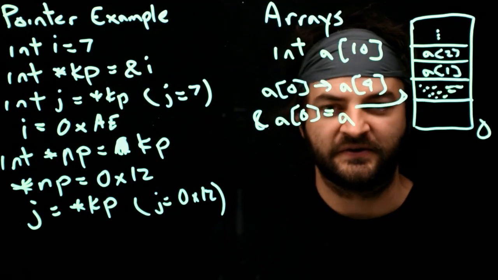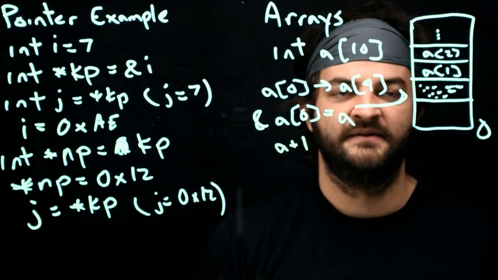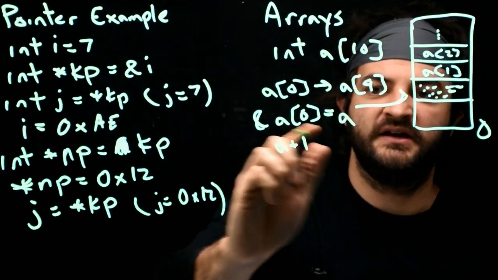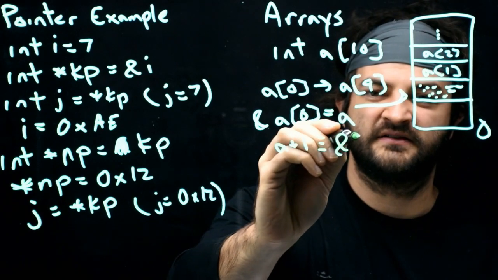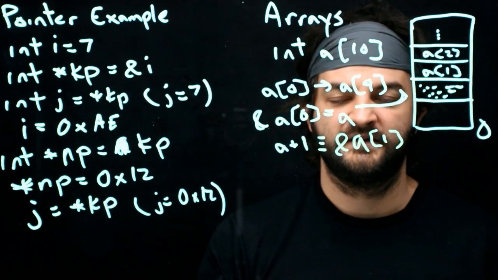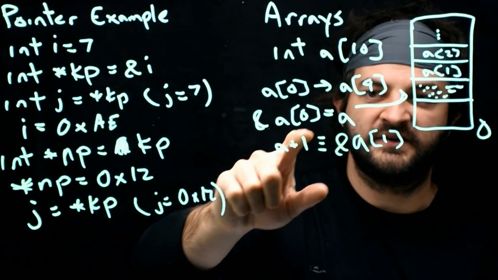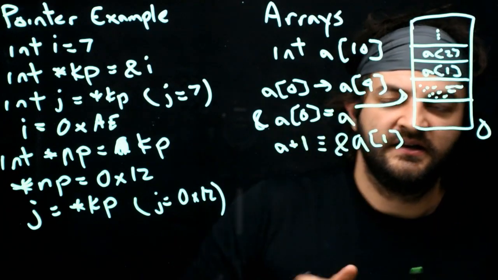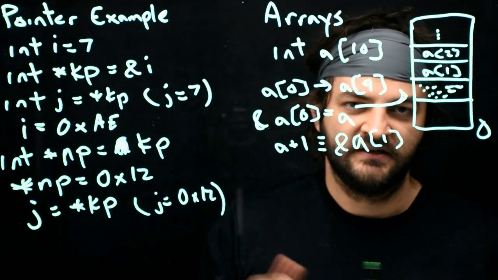An even cooler thing is, what if I said, what is a plus 1? So a plus 1 is the pointer to a of 1. So this is the same thing as saying, give me the address of a of 1. That's a little confusing because a is an array of integers. So we know that if we take the address of the first byte of a, when we add 1 to it, we think, whoa, we're just going to get the second byte within that integer.